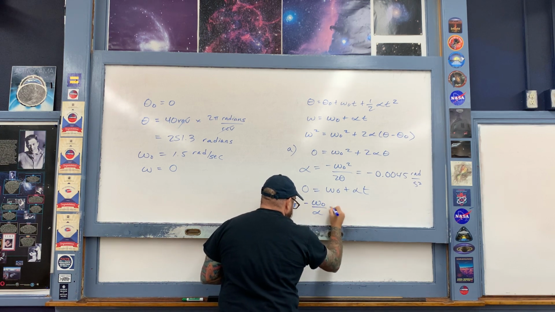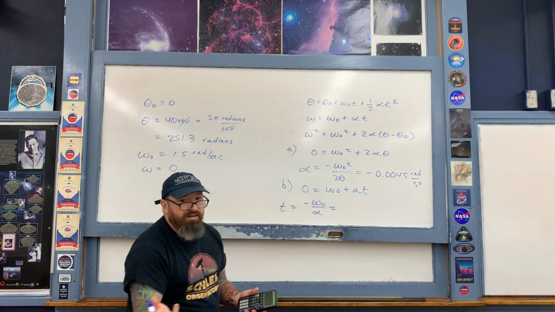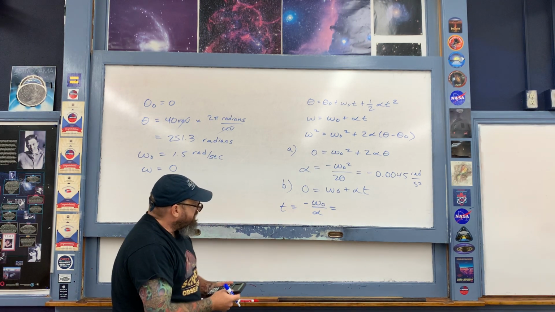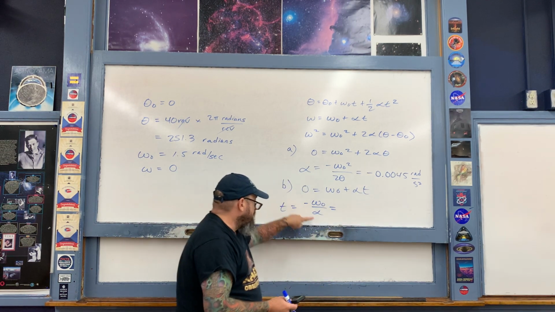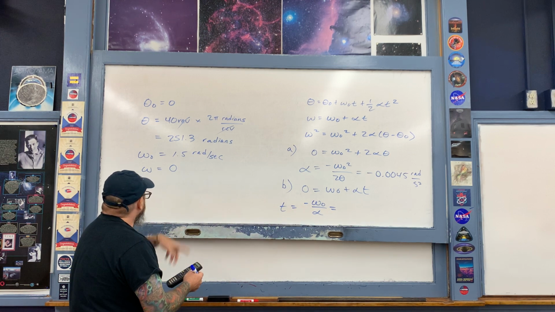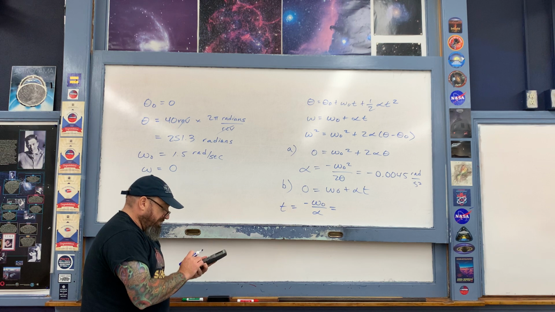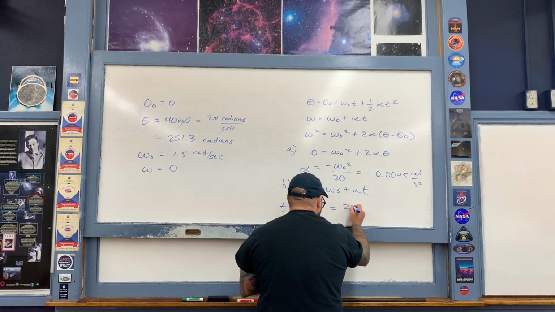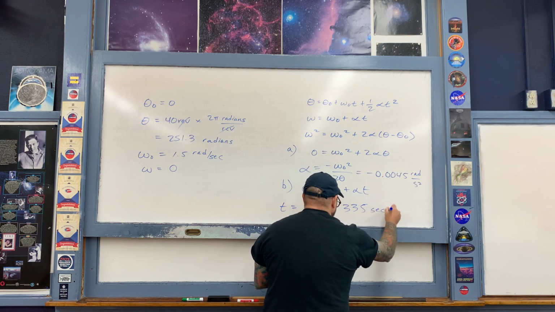And we end up with this expression here, but notice that the negative signs will now cancel out to give us a positive time. All right, so I actually still have this angular acceleration here in my calculator, so let me put it up into the numerator, and then multiply by 1.5. All of the negative signs cancel out, and this ends up being just over 5 minutes, 335 seconds.